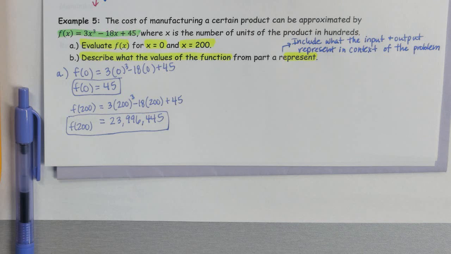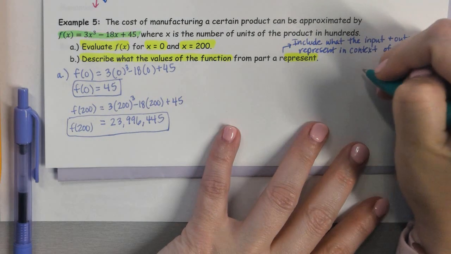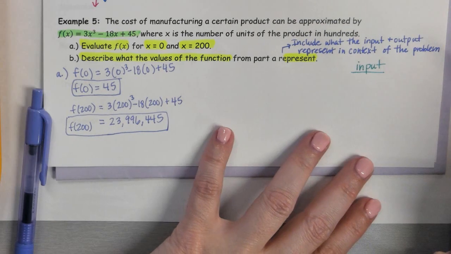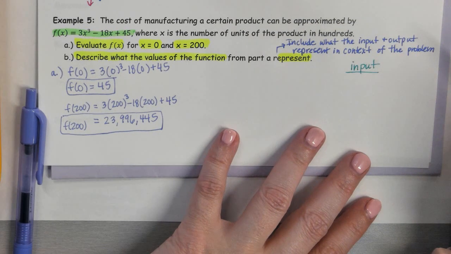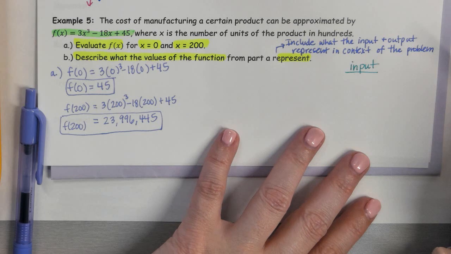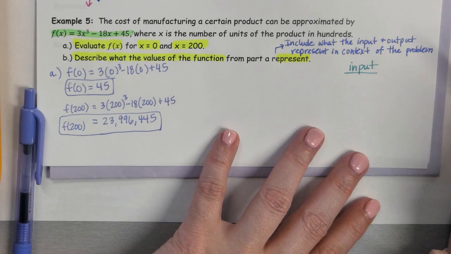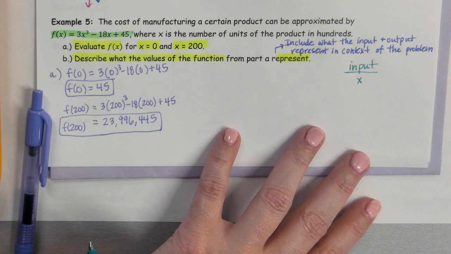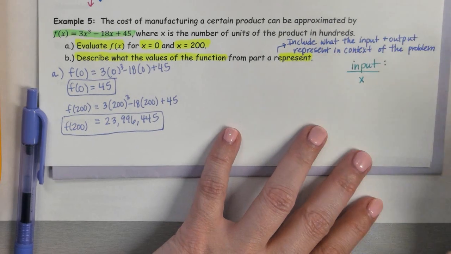Okay, so let's talk about the input first. The input is represented by what variable? What do you plug into the function? X. Okay, so your input is your X value. Let's go back to the description.